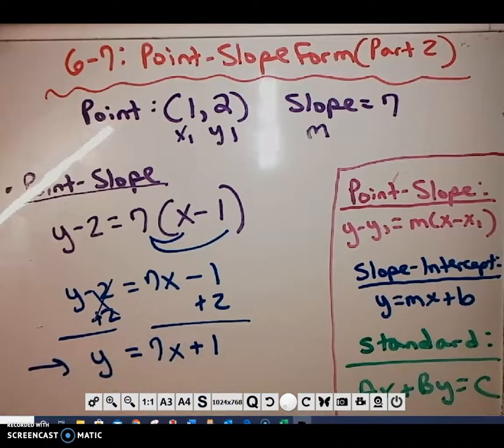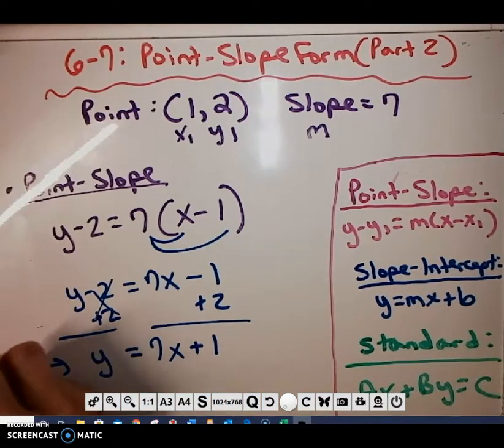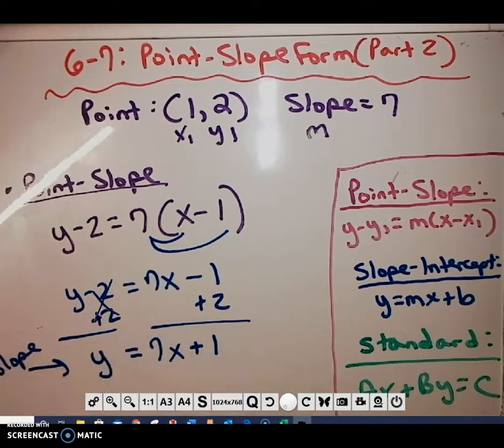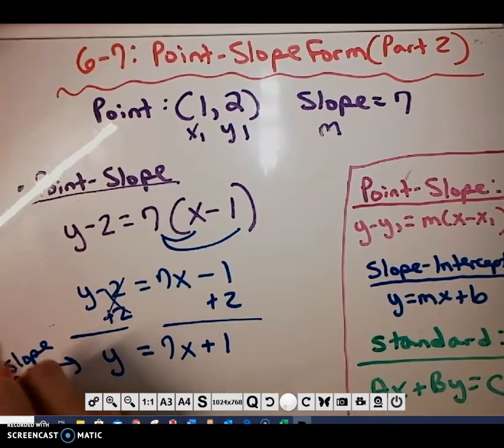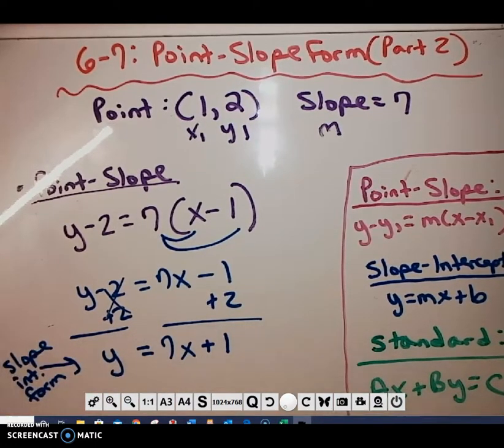This is the name of my line in slope-intercept form. This is the name of my line in point slope. This is the name of my line now in slope-intercept.